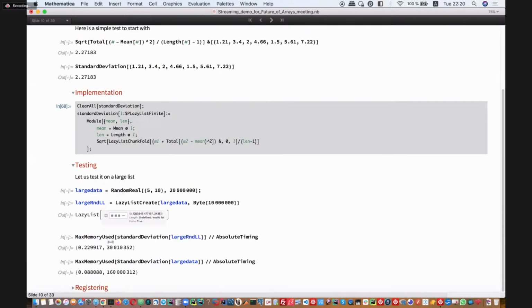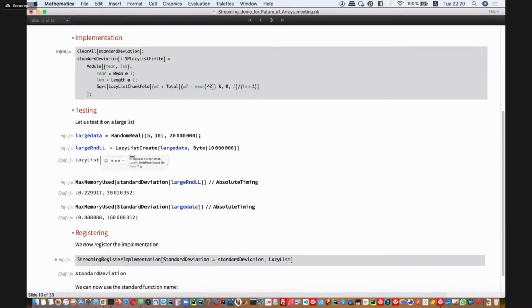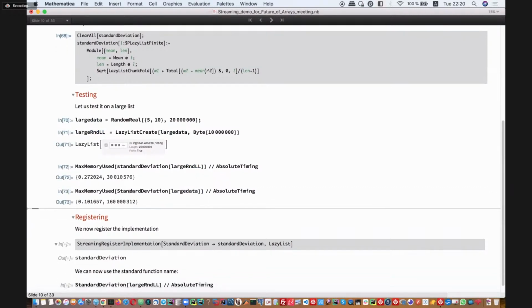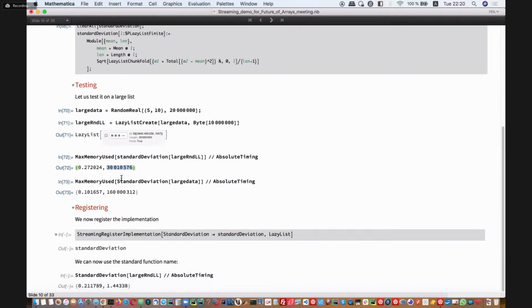Then you can test things. I can run it, but it's going to be much more memory efficient than the in-memory version, while slightly slower. Then you can register the implementation like this, and I can use standard deviation in the system.